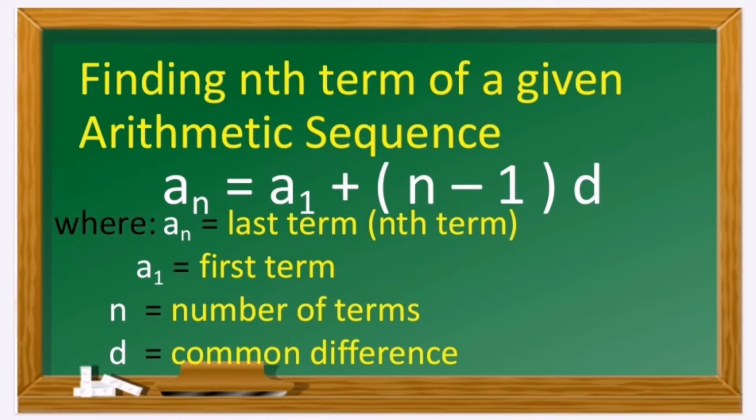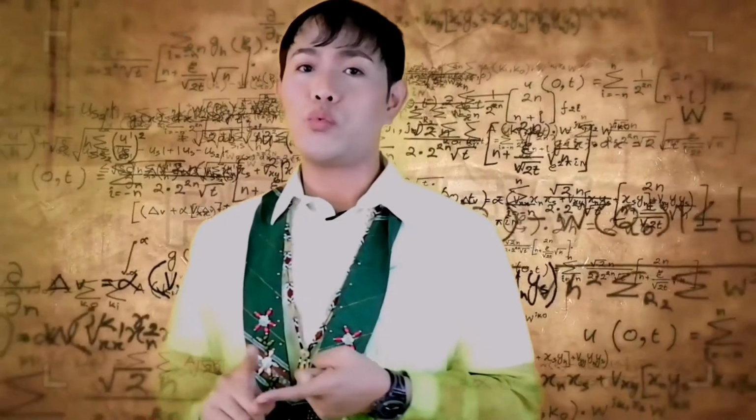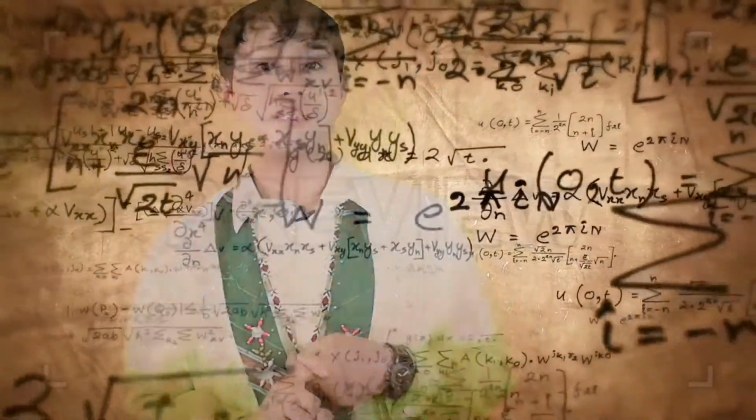Again, it's a sub n equals a sub 1 plus the quantity of n minus 1 times d, where a sub n is the last term or the nth term, a sub 1 is the first term, n is the given number of terms, and d is the common difference. I know that you already know what the common difference is from last time when you talked about arithmetic sequences.